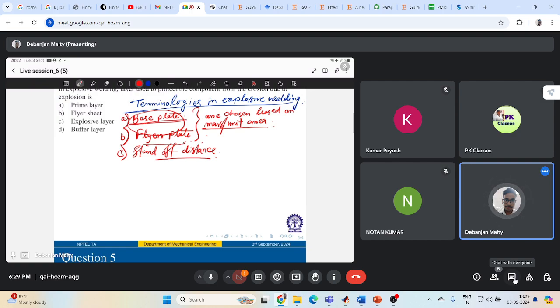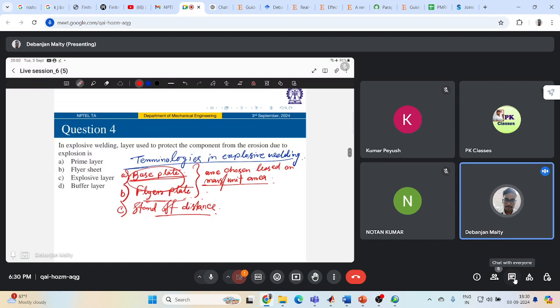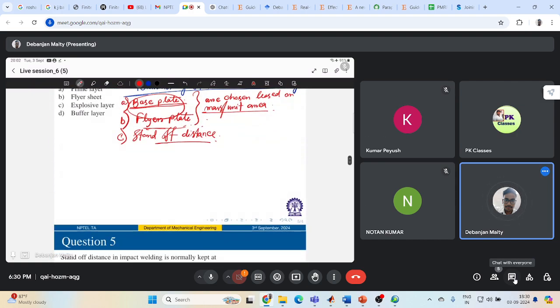This distance helps the flyer plate to accelerate and acquire the required impact velocity to generate some kind of impingement, of course, right? So over here I will draw only. This is my flyer plate. This is my base plate. So this distance will be the SOD, stand-up distance.